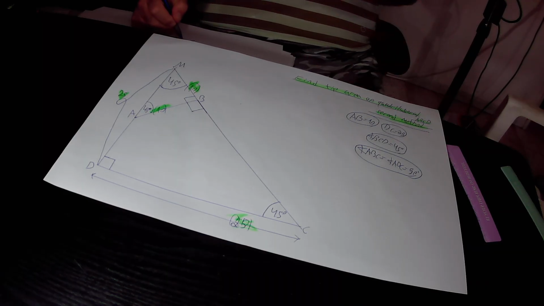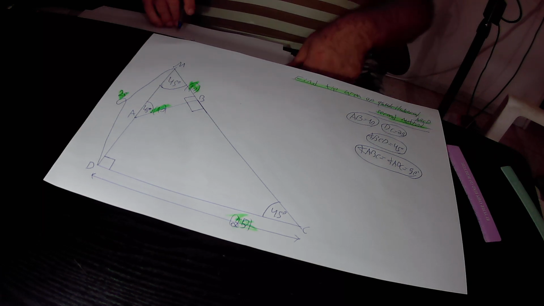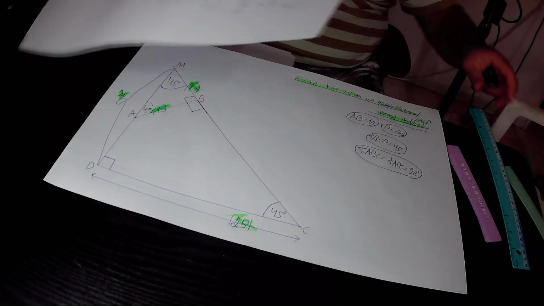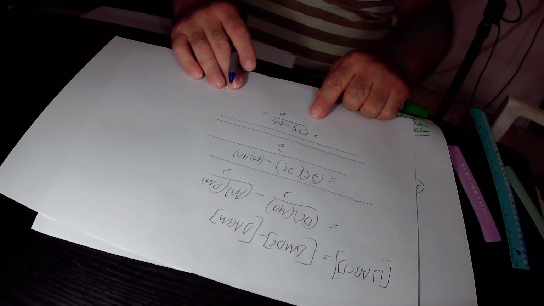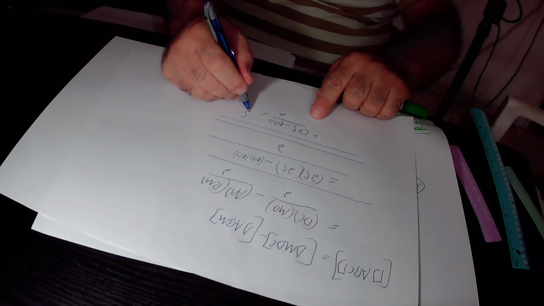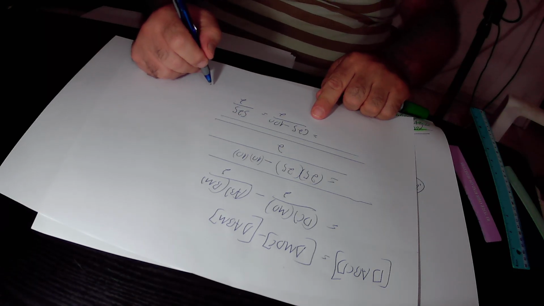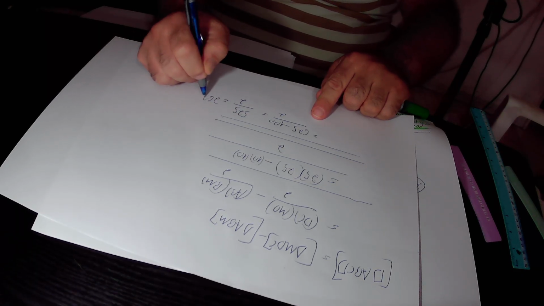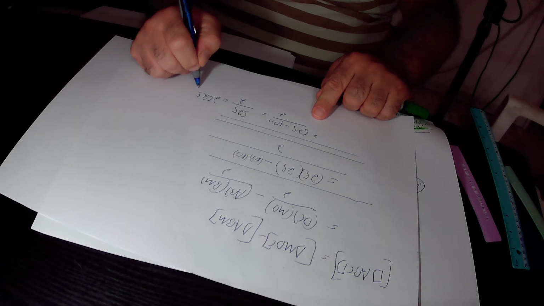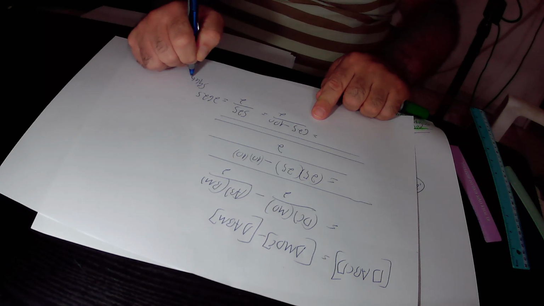So in total, the area of this quadrilateral ABCD is equal to 625 minus 100 is 525 over 2. 525 over 2 is 262.5 square units in its size.